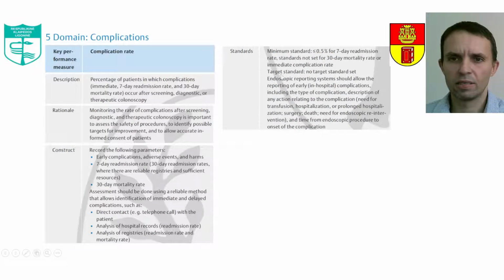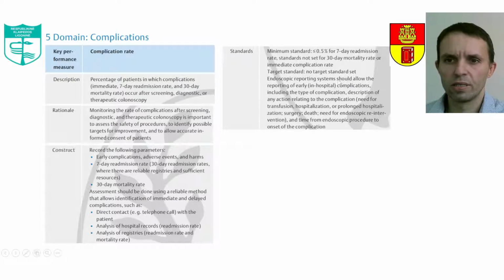The minimum recommended standard is less than 0.5% for the 7-day readmission rate. Standards are not set for the 30-day mortality rate or immediate complication rate. There is no target standard set.